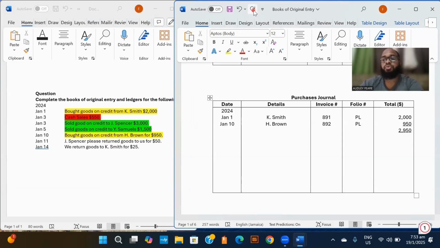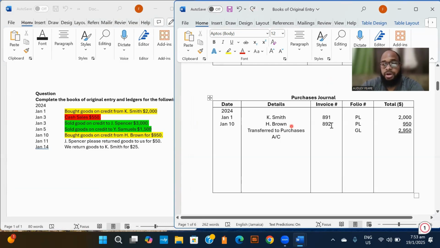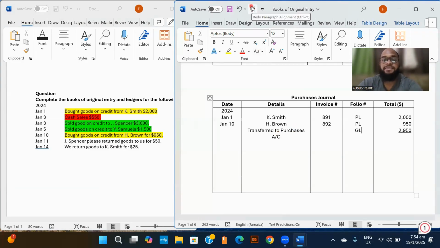The total should be 2,950, and we have to double line that. Of course, we always put our details, and the purchases journal total will go to the general ledger as the purchases account, because everything we bought here would be the purchases for the month, the total credit purchases that is, and the total is 2,950.